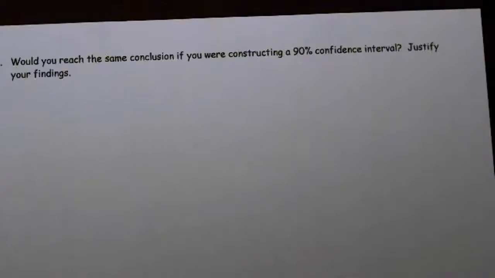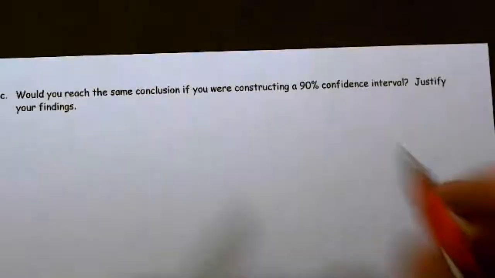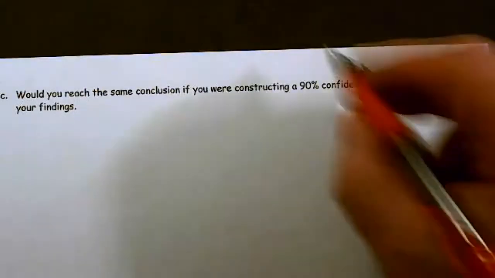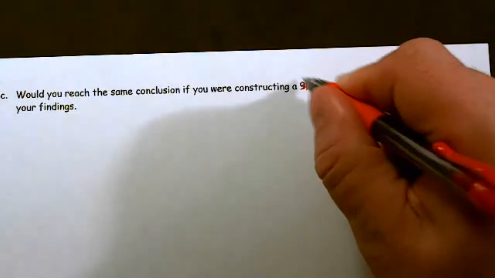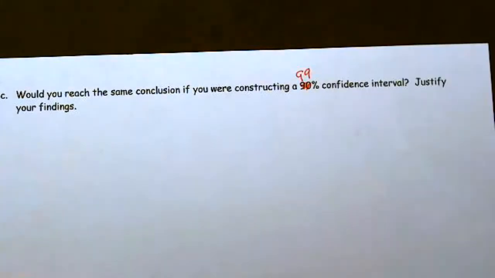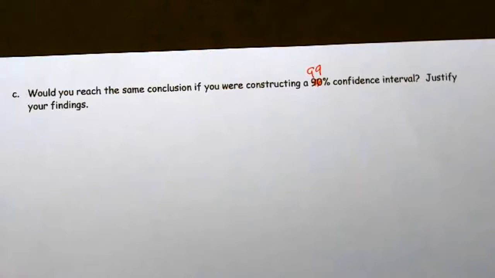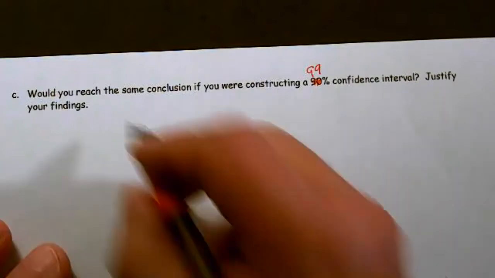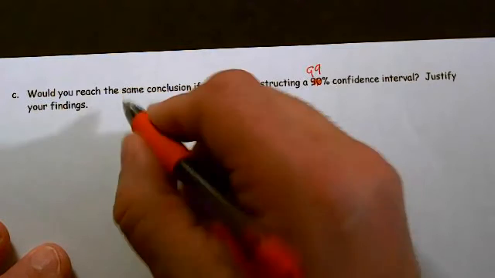Part C, and I have a typo. Would you reach the same conclusion if you were constructing a 99% confidence interval? Well, first off, we've already defined the parameter. We've already written the conditions, so we don't need to redo that. Let's go ahead and just do our formula and our graph.